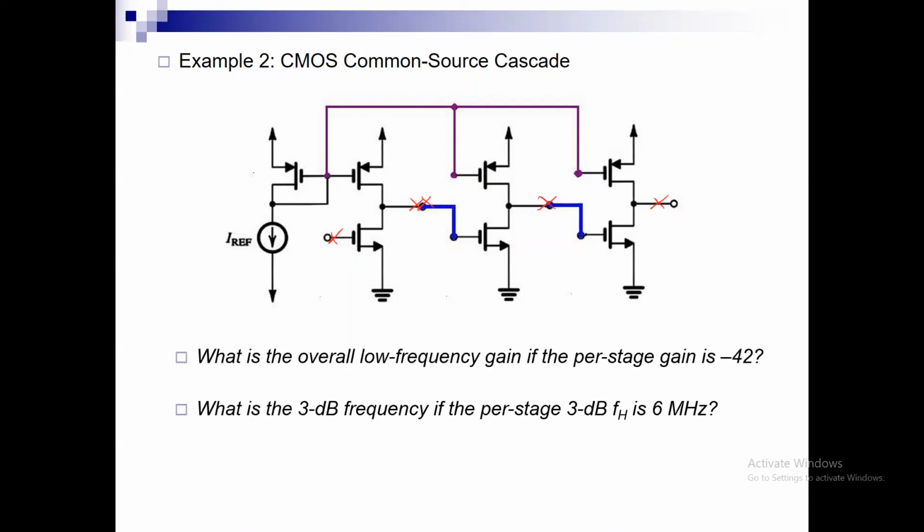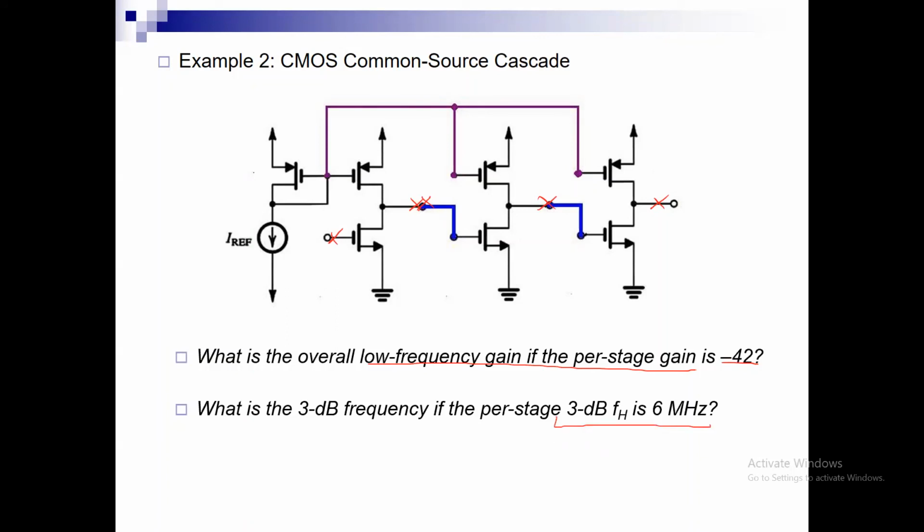He's telling me that the low frequency gain per stage is minus 42. Okay, but he's also telling me that each stage has a 3 dB frequency, which is 6 megahertz.